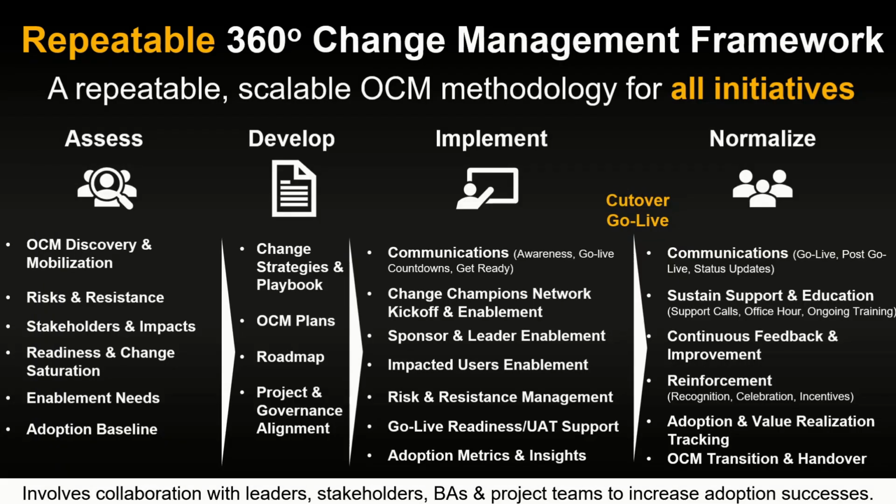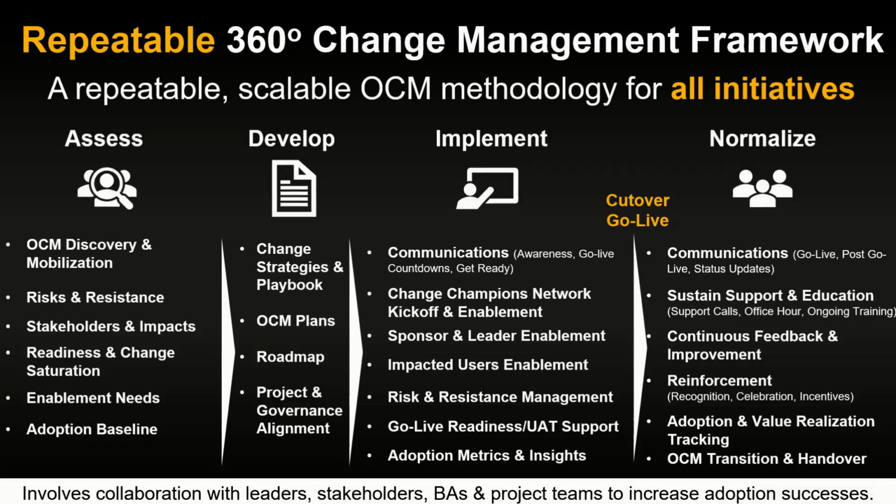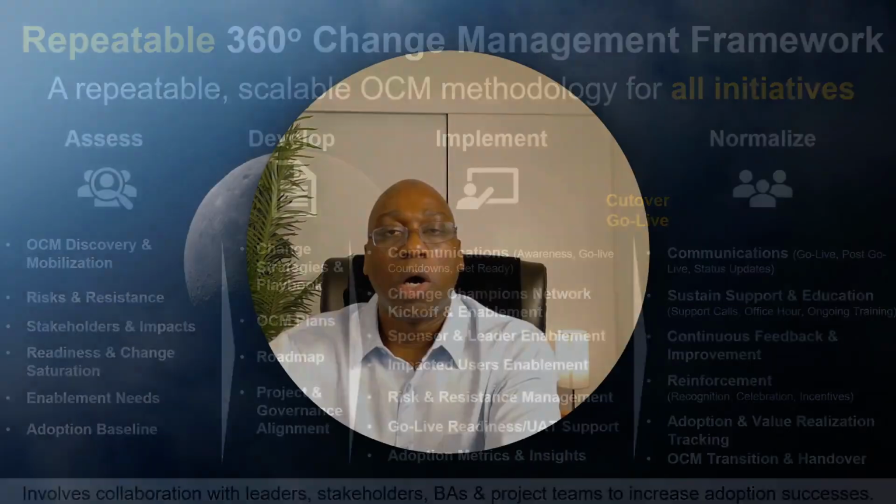Adoption and value realization tracking is another key aspect of effective change management during the normalize phase. Here, you are tracking the level of adoption, and that could mean cost savings, compliance, improved efficiency. At the end of the day, it's all about the business outcomes. So you are not just tracking how people are adopting the new processes or the new system or the new technology, or if it's a post M&A integration, how people are doing with that.